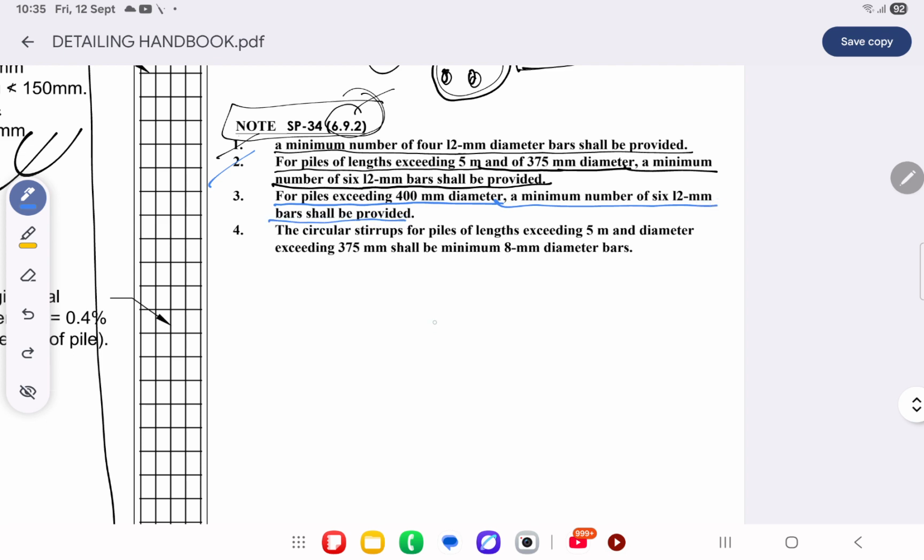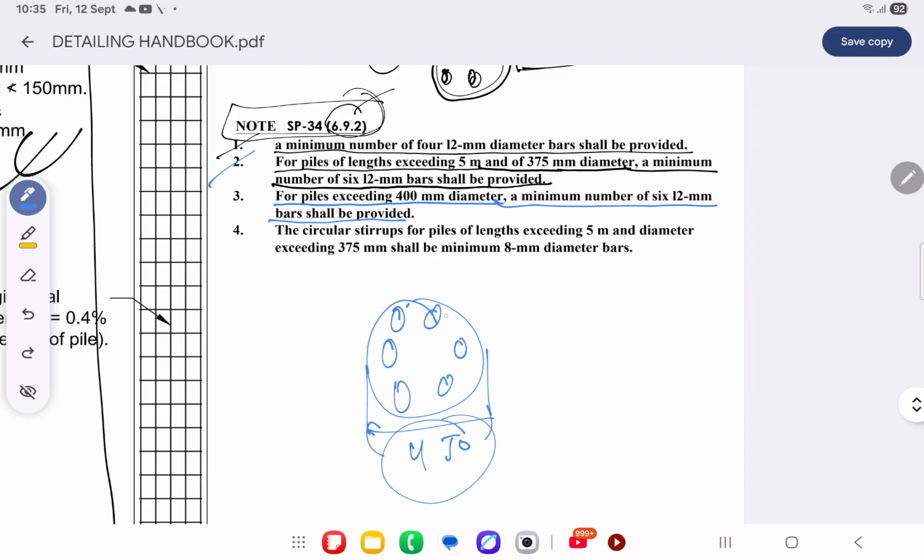So suppose a pile whose diameter is more than 400 mm, suppose 450 mm. So minimum 6 bars, of diameter minimum 12 mm. The maximum depends upon the design load condition and all, but minimum we have to provide 12 mm.